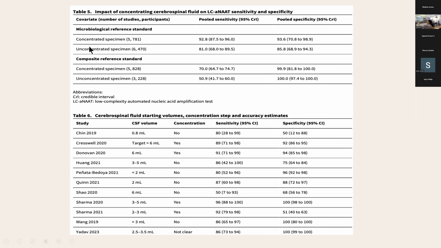They found that concentrating the specimen increased the pooled sensitivity and specificity a little bit in the microbiological reference standard. They've also looked at how much CSF fluid, and whether it changed the sensitivity and specificity. These are all predefined and very reasonable, what you would also be interested in knowing.